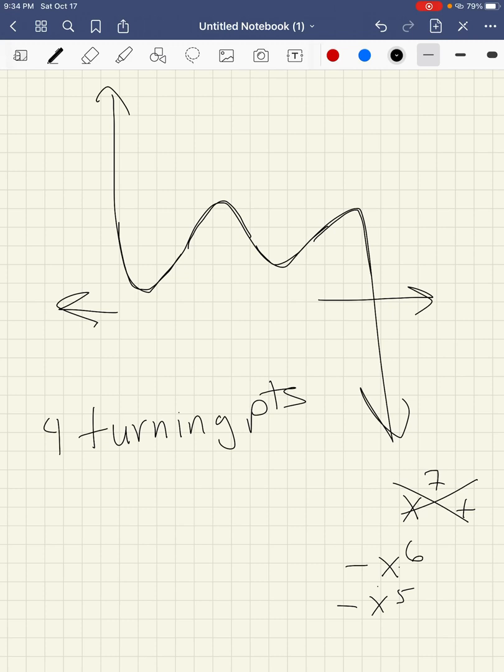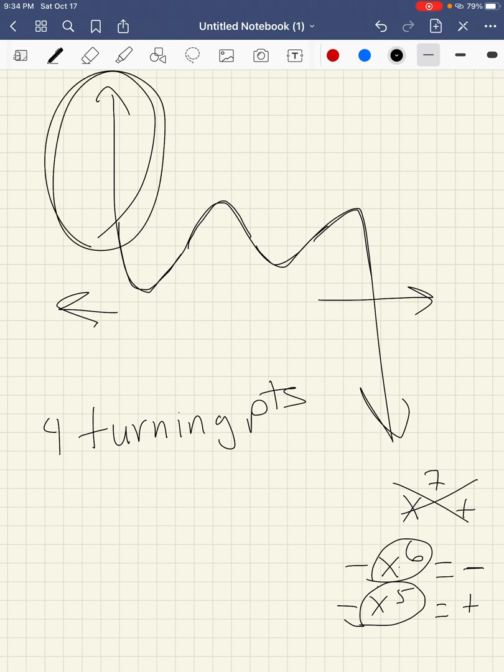If x is a really, really big negative number, and you raise it to the 6th power, then this would be positive, times the negative means it would still be negative, wouldn't it? All right, if x is a really, really big negative number raised to the 5th power, this would be negative times the negative would make it positive.